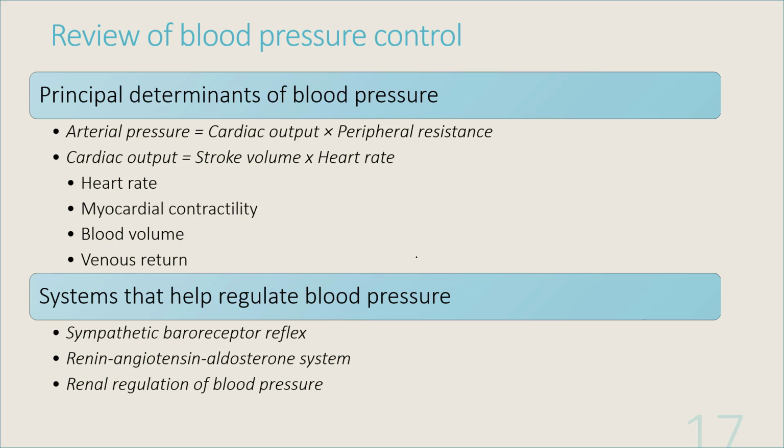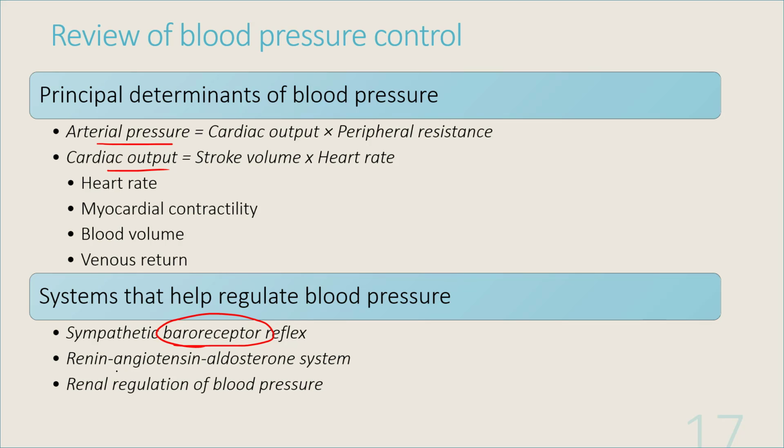So just a review of blood pressure control. Blood pressure is basically the pressure of the walls of the blood vessels back onto the lumen, and so it's determined by arterial pressure as well as cardiac output. Some systems that help regulate blood pressure are the sympathetic nervous system, which helps by measuring the pressure within the blood vessels.